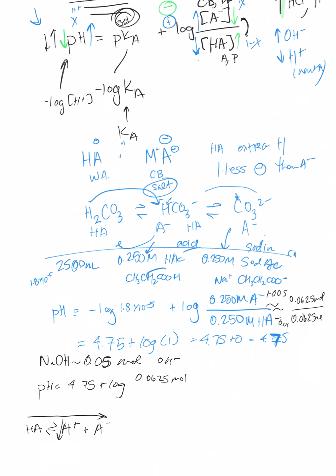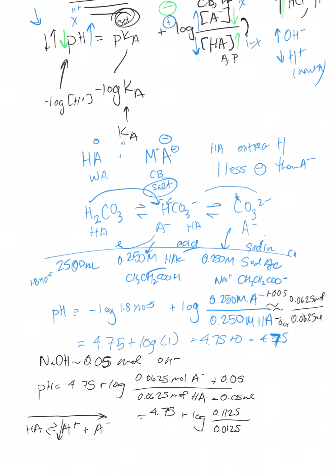So we are going to have 0.0625 mole of A minus, or sodium acetate, plus 0.05 over 0.0625 moles of HA minus 0.05 moles. All right, so that's going to give us 4.75 plus the log of 0.0625 plus 0.05, 0.1125 over 0.0125.